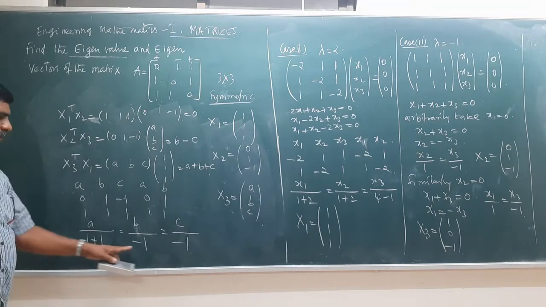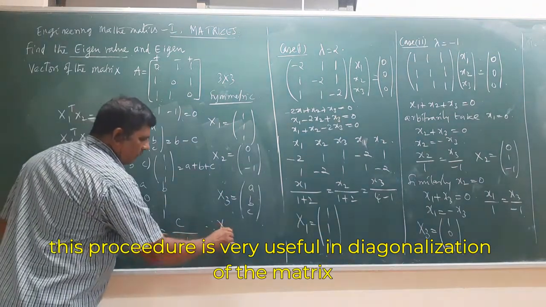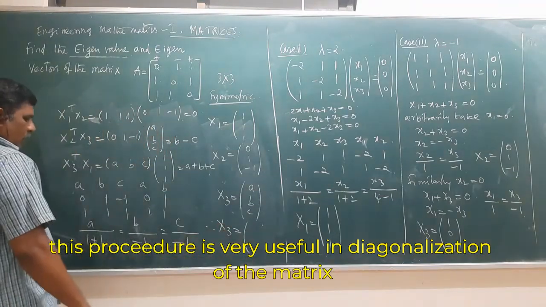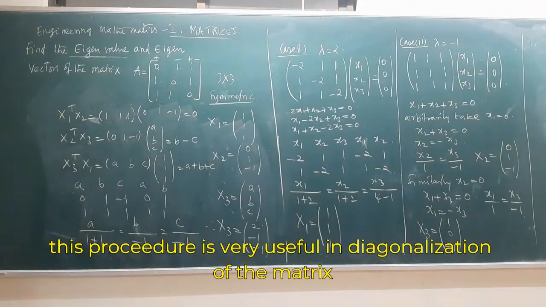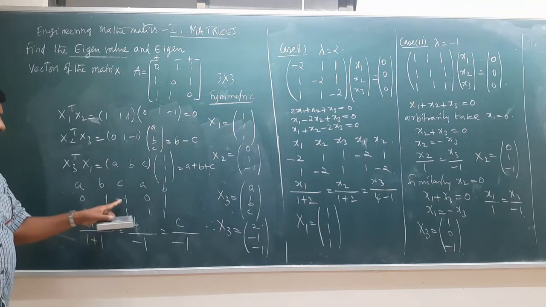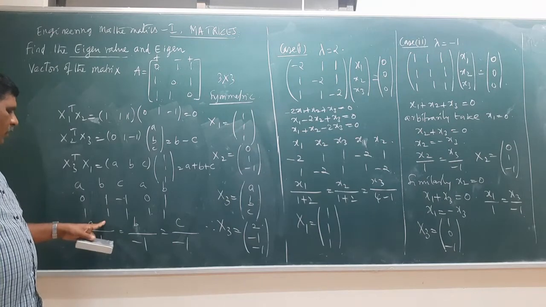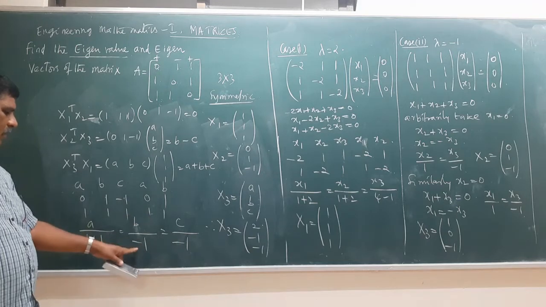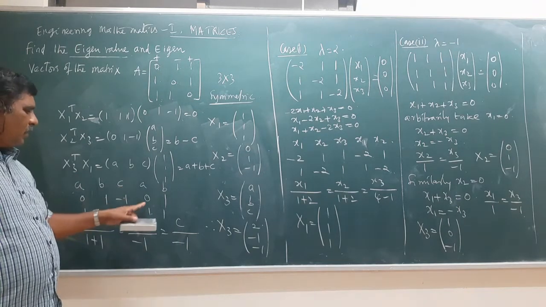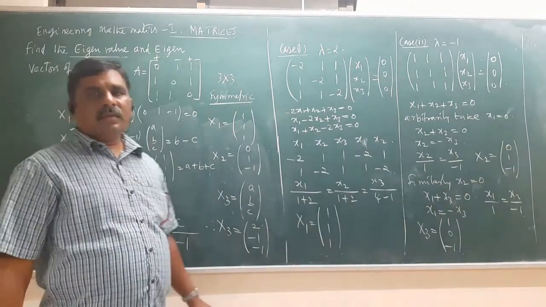So minus 2, 1, 1. Therefore the third eigenvector is 2, minus 1, minus 1, which satisfies the condition. For A, leave the respective column and take the determinant of the next two columns. B is minus 1. C is 0, minus 1.